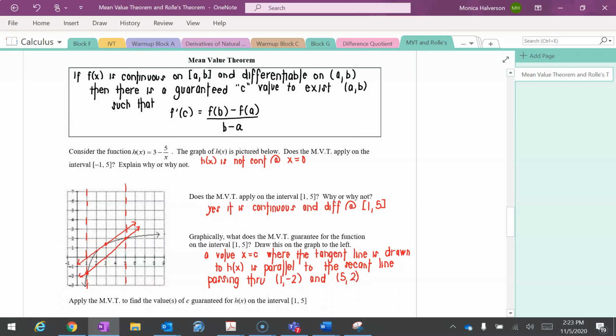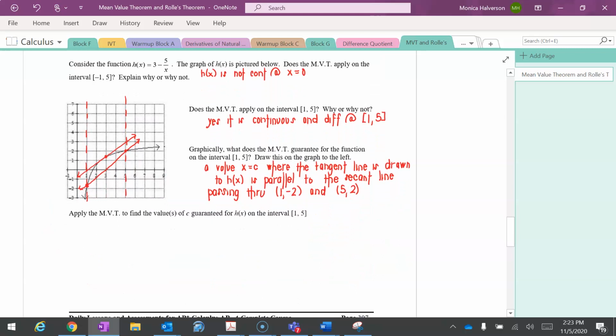So let's do that with an algebraic problem and not a graph. Apply the MVT to find the values of c guaranteed for h of x on the interval 1 to 5.